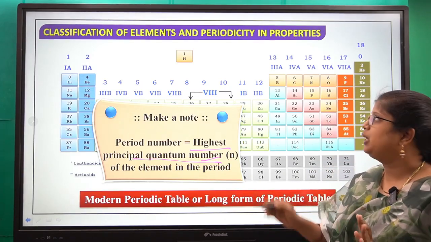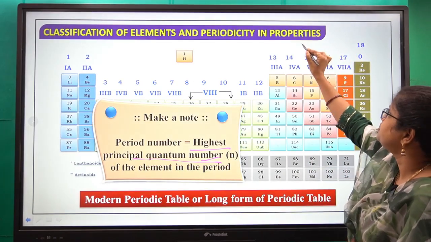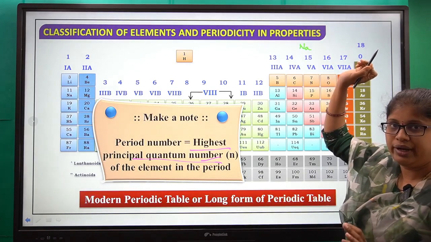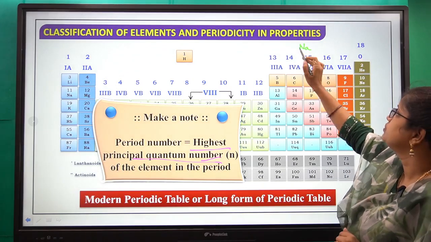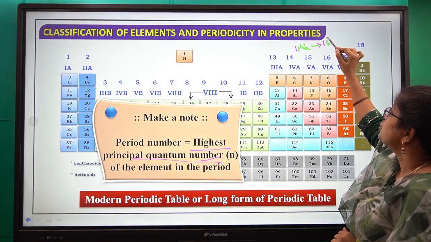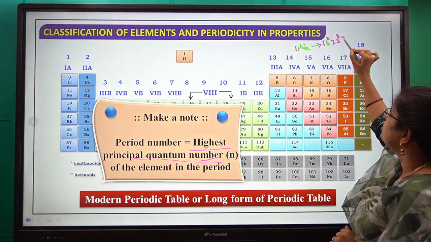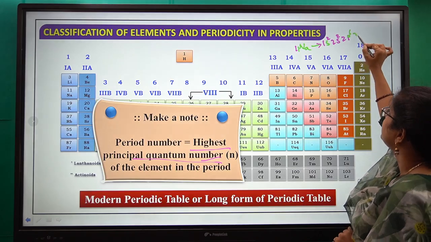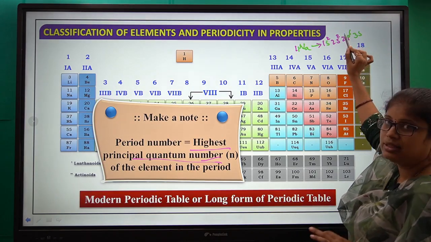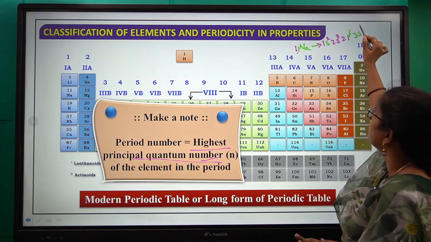Okay, for example, if we take sodium, everyone knows the atomic number of sodium, right? 1s2, 2s2, 2p6, 3s. 2 plus 2 is 4, 4 plus 6 is 10. So how many electrons are remaining? Only 1.